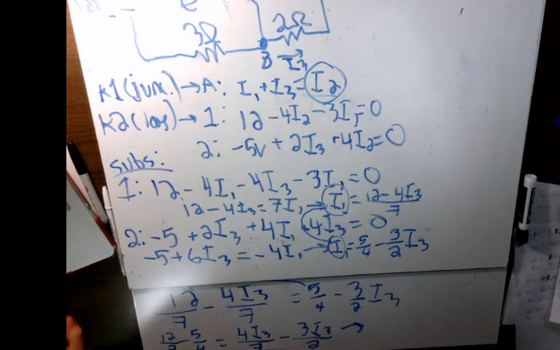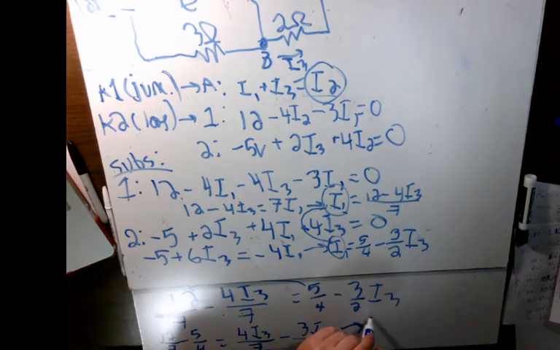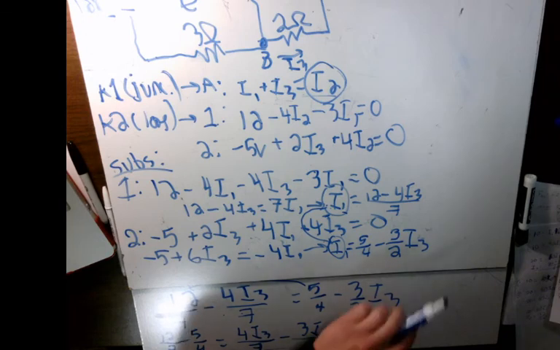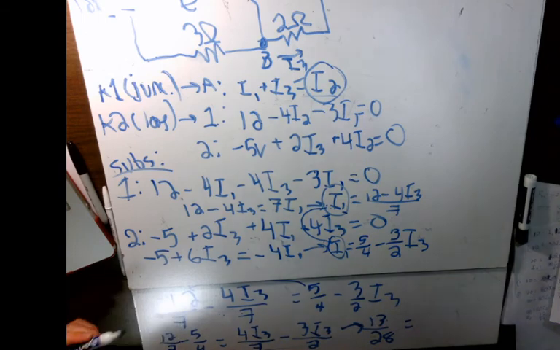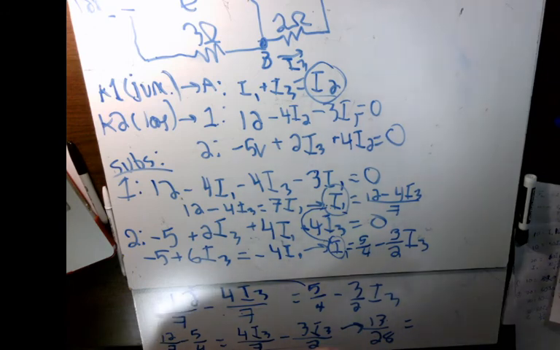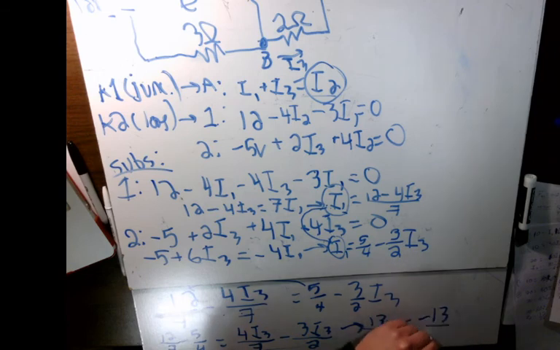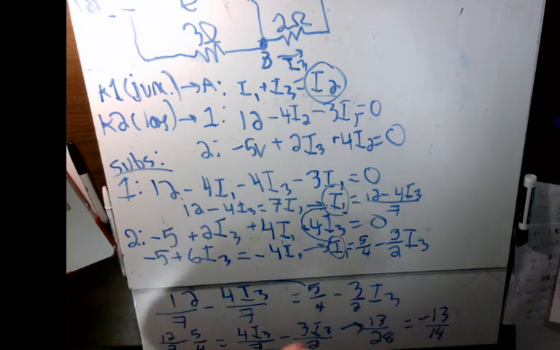This is feeling a little wonky, but we'll go with it. 13 over 28 is equal to, then I'm going to subtract those guys, so 4 over 7 minus 3 over 2. We got negative 13 over 14 I3.